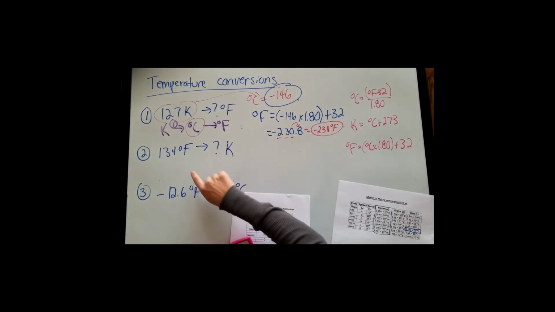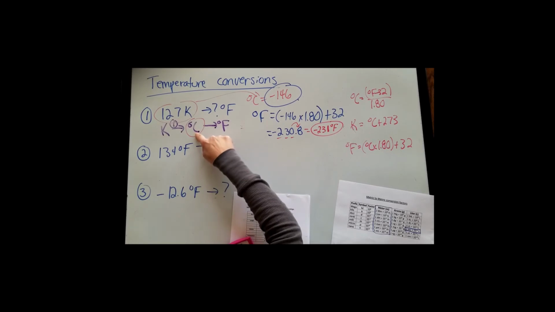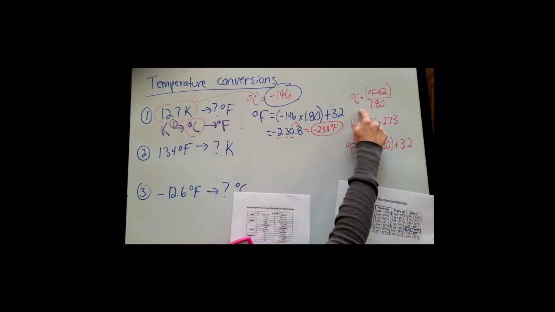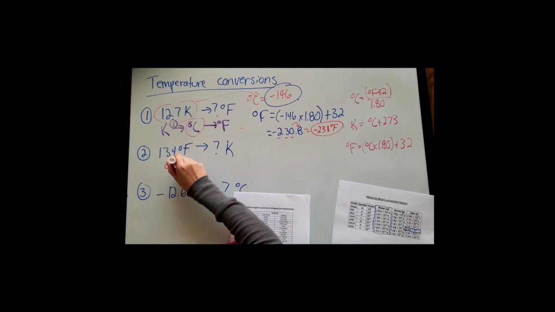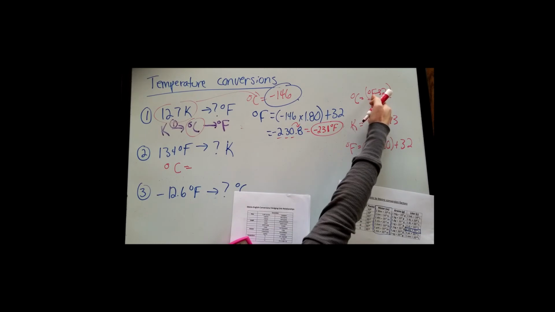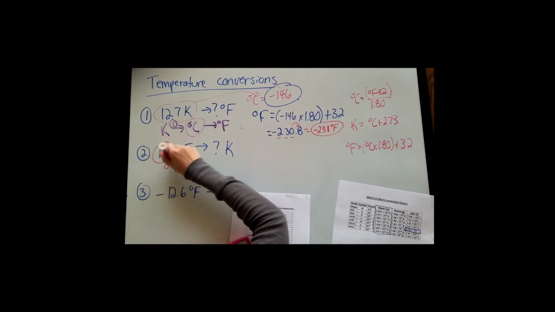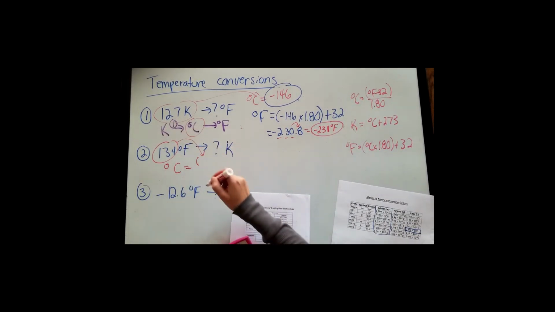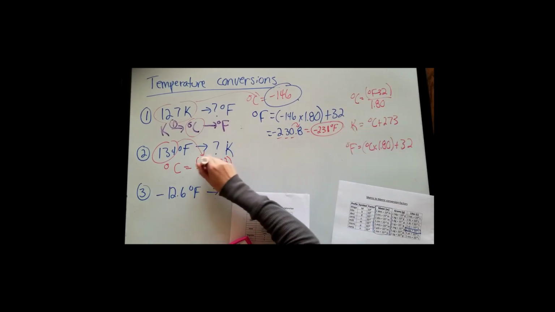So if I want to get from Fahrenheit to Celsius, I'm going to use the top equation where Celsius is equal to. So degrees Celsius is equal to, and where that degree Fahrenheit is, that's where I'm going to plug in this number. Okay, so it's 134 minus 32, and then I'm going to divide that by 1.8.